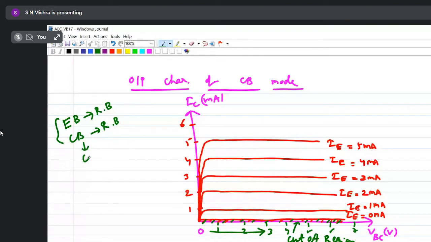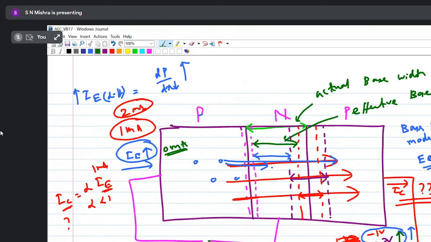So this is your cutoff region. Now from here to here, this is called the active region. In the active region, current is flowing. We are getting current, which means the emitter base junction should be forward biased.